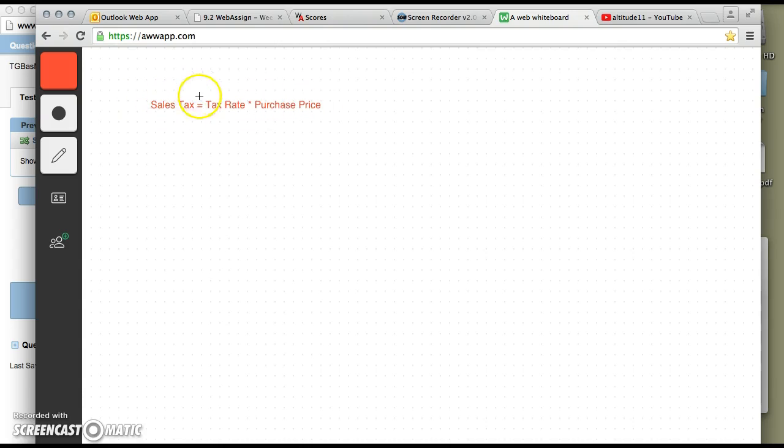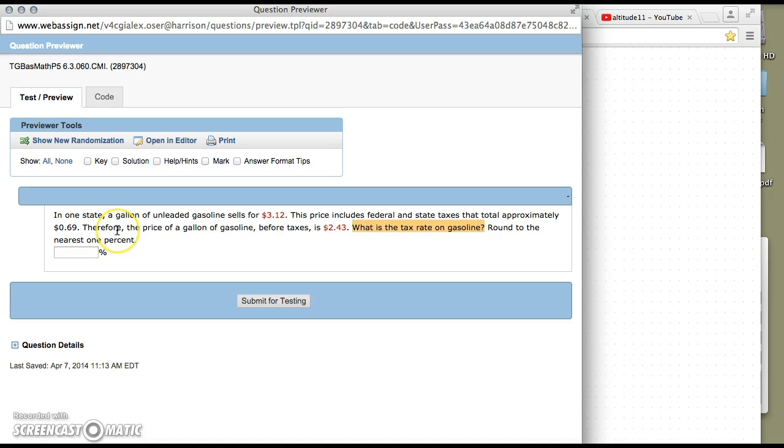So we should be able to find a value that represents sales tax, a value that represents tax rate, and a value that represents our purchase price. Our sales tax first. How much did we pay in taxes?